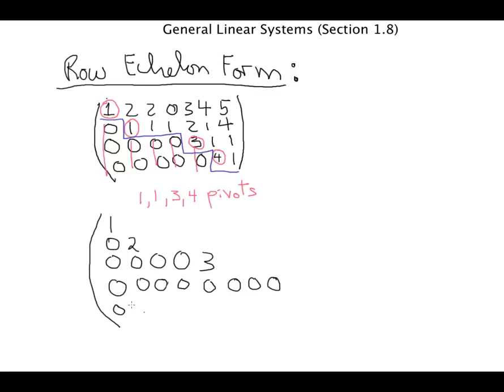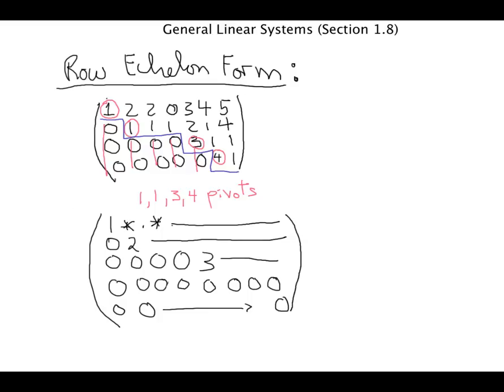And then the last row, all zeros. And what this matrix indicates is that what's up here can be anything. So this stuff here is allowed to be anything. And in this example, the pivots are 1, 2, and 3.